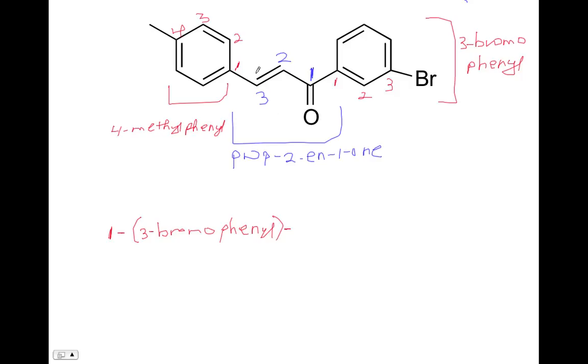Then this is on the third carbon, so it's 3,4-methylphenyl. And then you add the parent name, which is prop-2-ene-1-one.